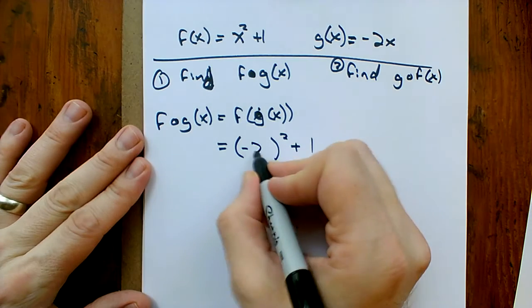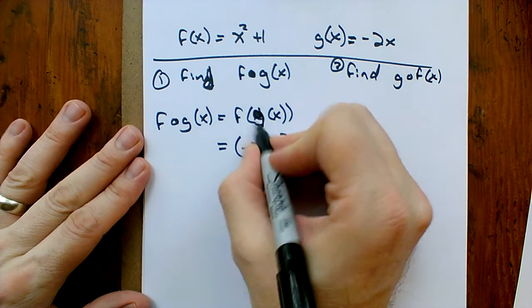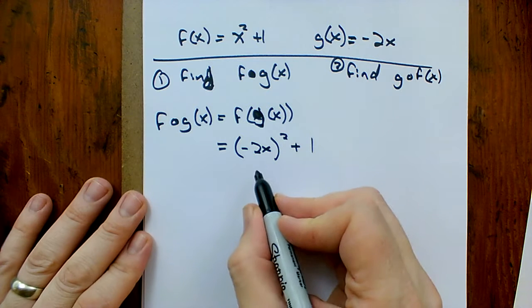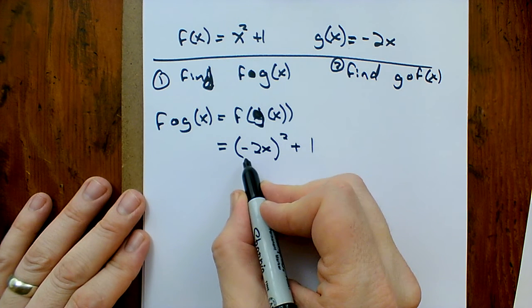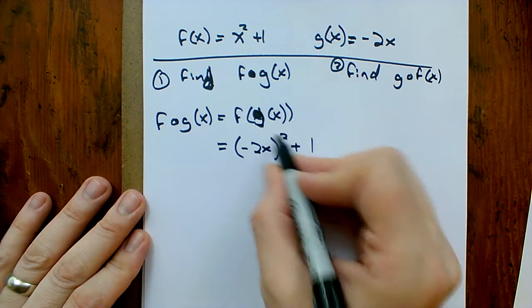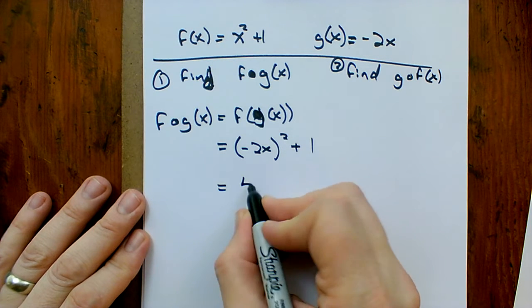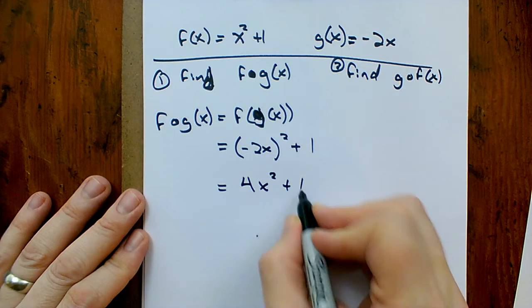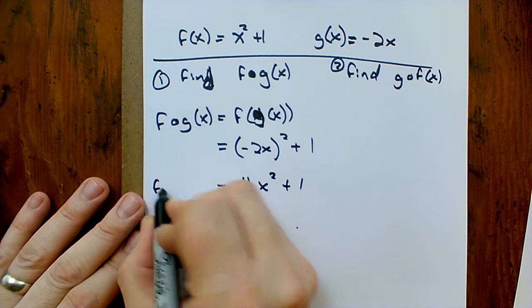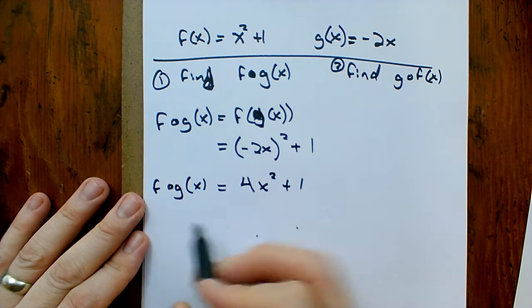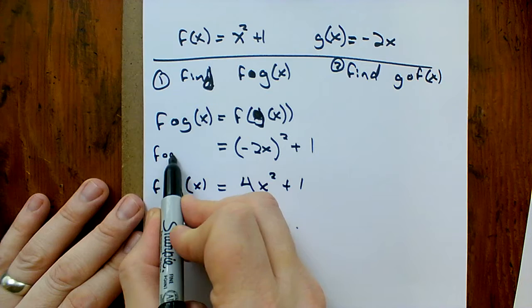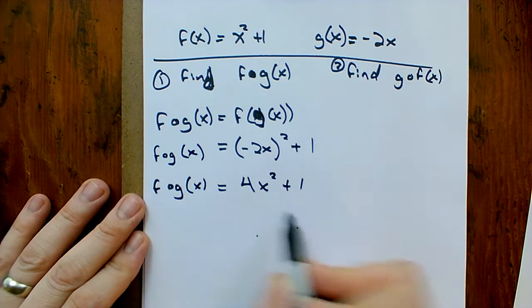That's that negative 2x. Now, when I do this, I've got negative 2x times negative 2x, that's negative 2x squared, which is going to be 4x squared plus 1. This is the composition of f of g of x. Alrighty.